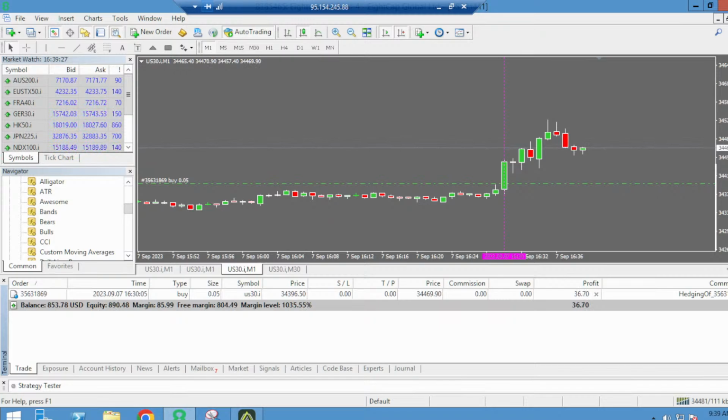Right now we're using the auto trading robot, and that's why we're not getting involved with the trades. We're just letting the robot handle everything on its own. It does not matter if we could have intervened and taken $60 instead of 30. We're going to let the robot run by itself, not get involved at all.